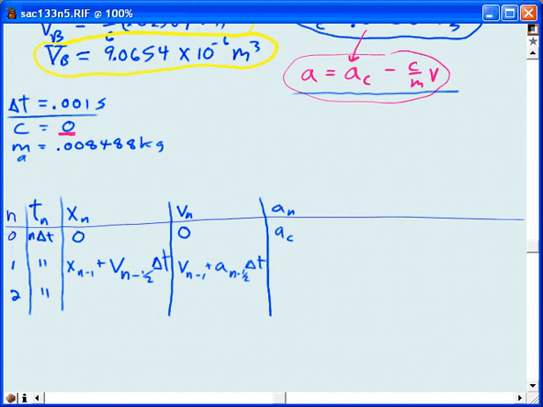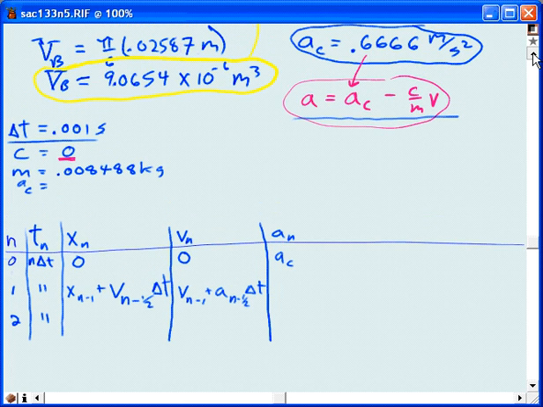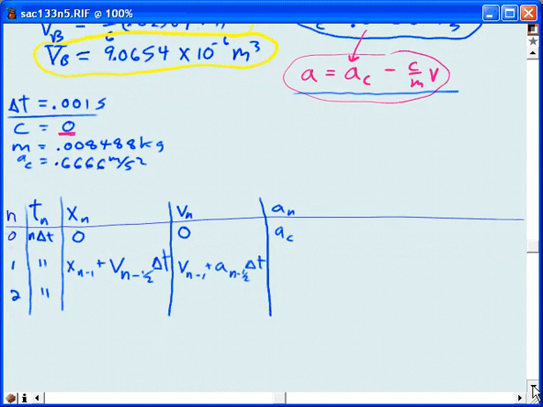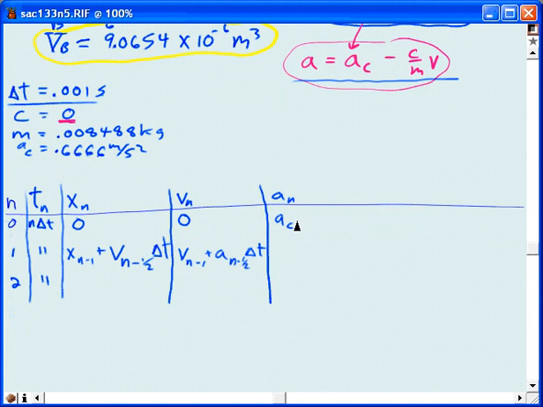A sub c is equal to, we just found a value, 0.6666 meters per second squared. Okay, so this is a sub c minus c over m times v sub n, whichever one I'm working on right now. So in this case, that would be the 0 right there.